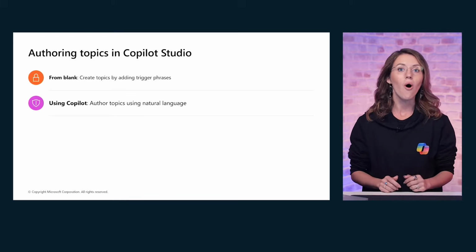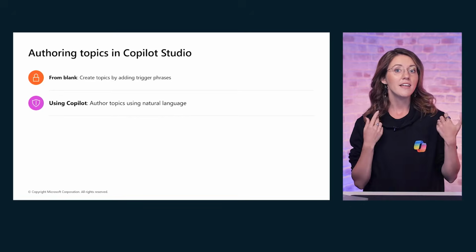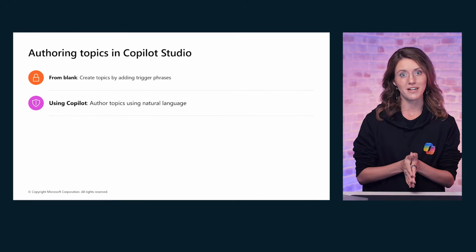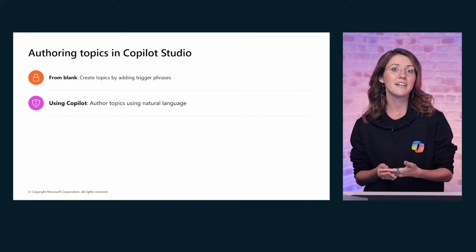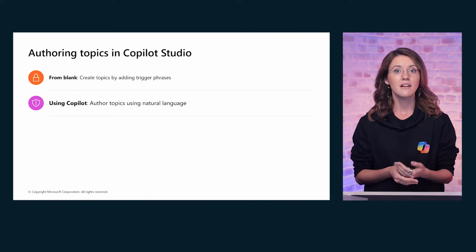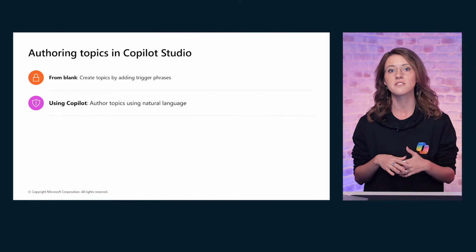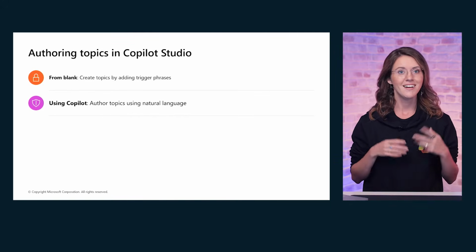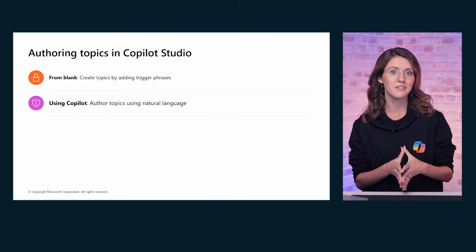When it comes to authoring topics, you have several options. First, if you prefer to start from scratch, you can create and name a topic from blank, adding trigger phrases to get things rolling. This option gives you complete control over the conversation's direction. Secondly, you can use Copilot to author topics using natural language.